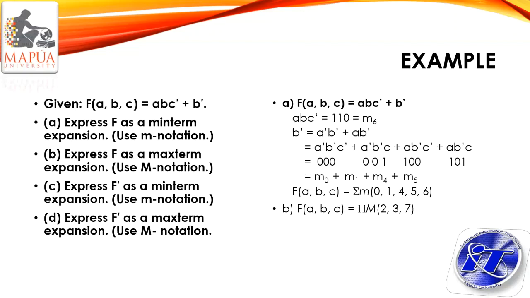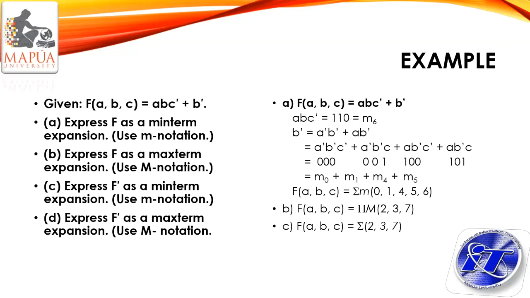Okay, and for letter C, min terms of the complement function. So we're going to base it on the max term list of function f. Because if we get the complement of the function f, the original max terms will give us an output of 1. So therefore, for letter C, the result is the complement of f, summation of min terms 2, 3, 7.